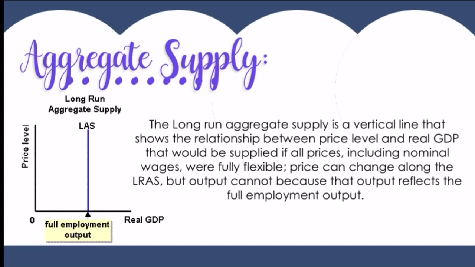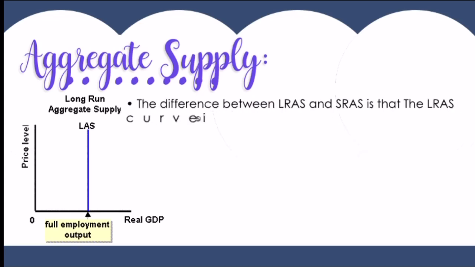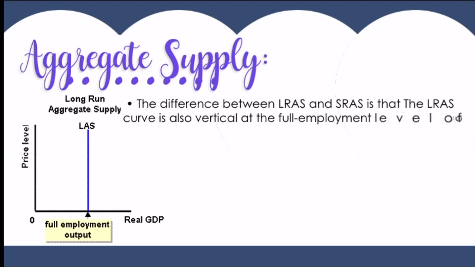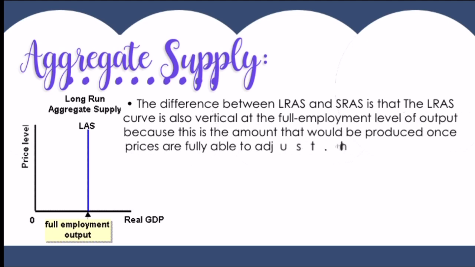It is the amount of real GDP that an economy would produce if it is using all of its factors of production efficiently. The difference between LRAS and SRAS is that the LRAS curve is vertical at the full employment level of output. This is the amount that would be produced once prices are fully able to adjust.